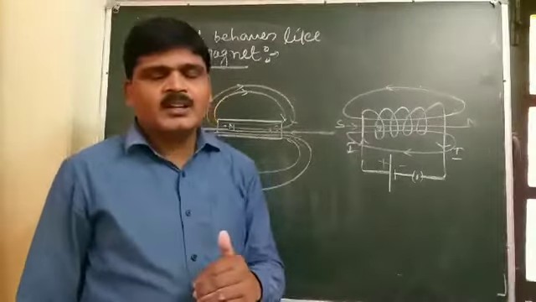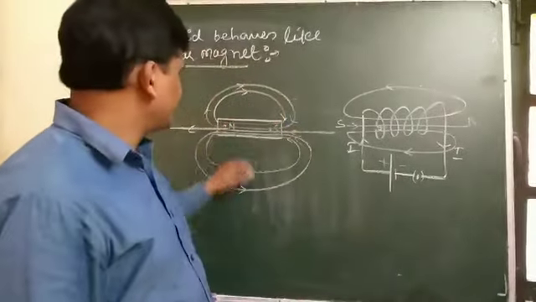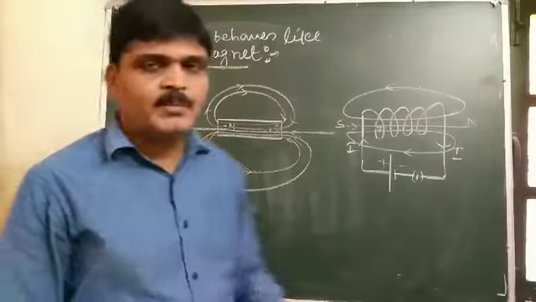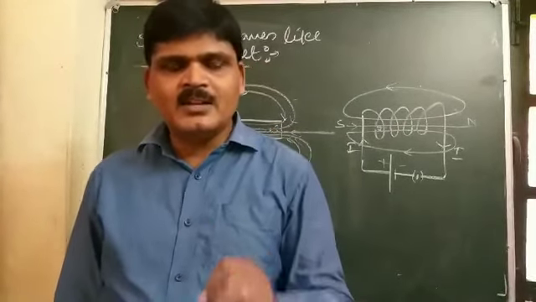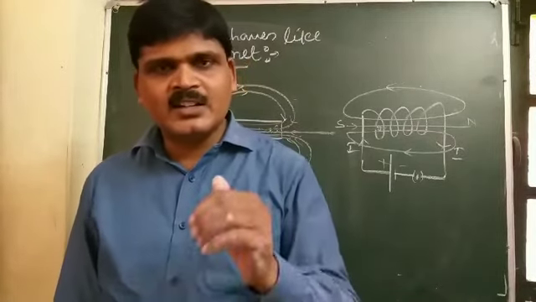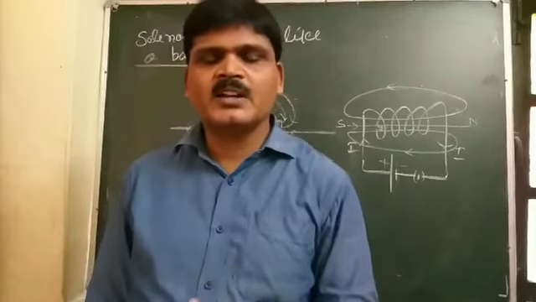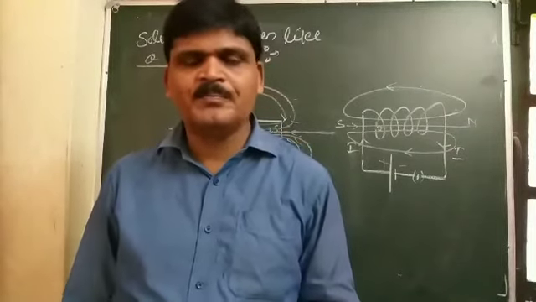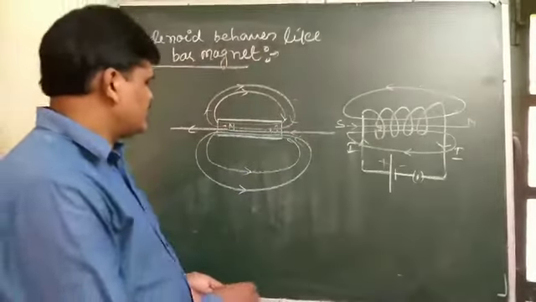Third property: no two magnetic field lines intersect each other. If they intersect at any point, then we draw two tangents at the intersecting point, which give two directions of the magnetic field, which is not possible. And the last property is what?